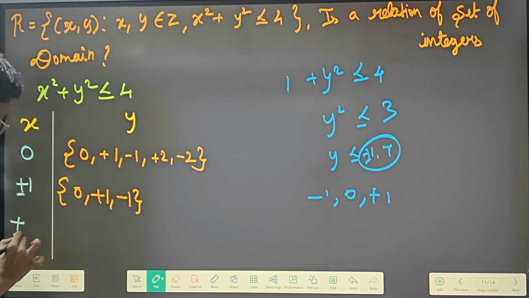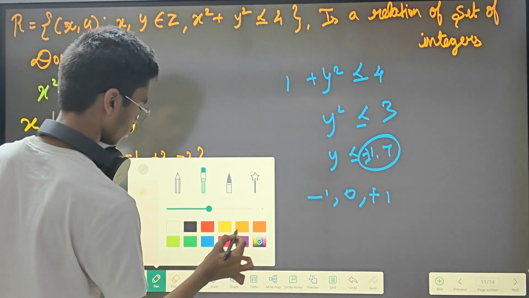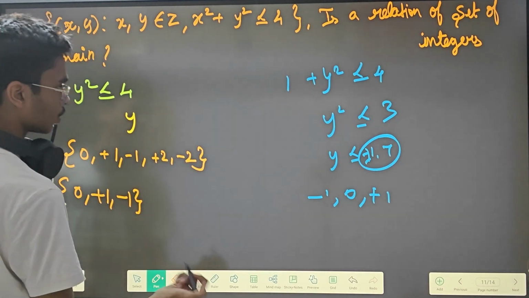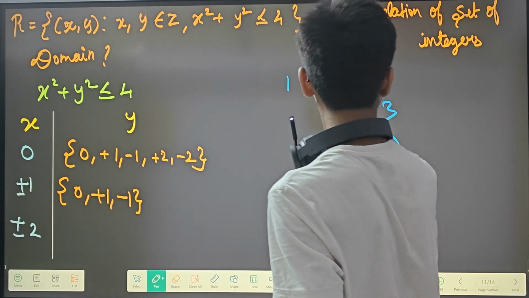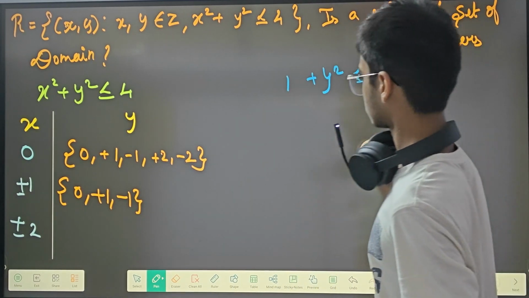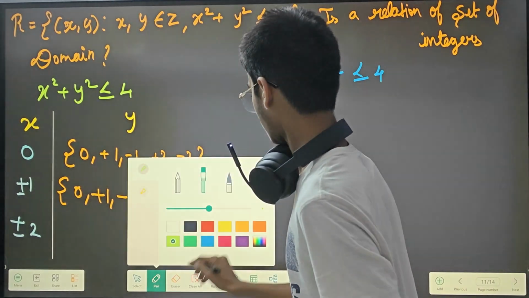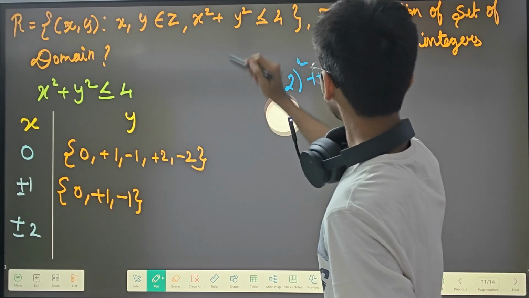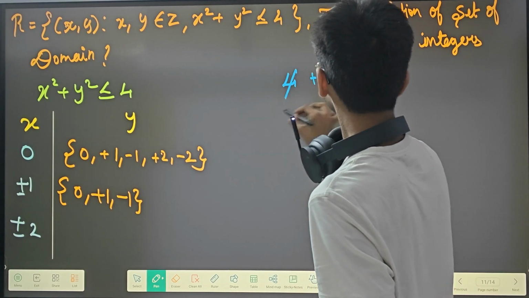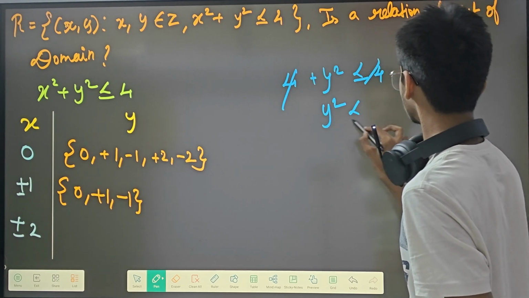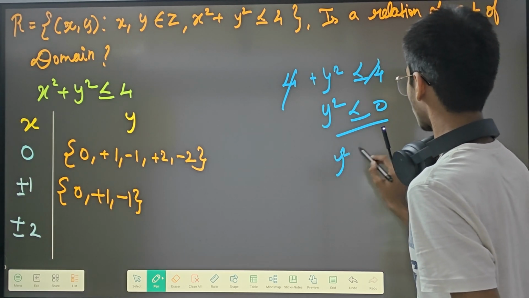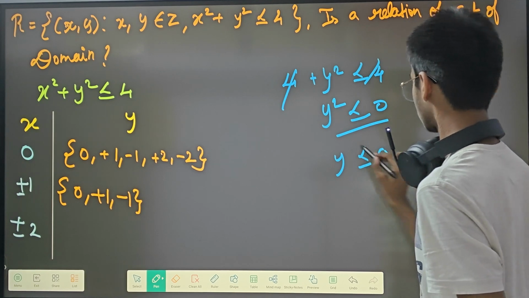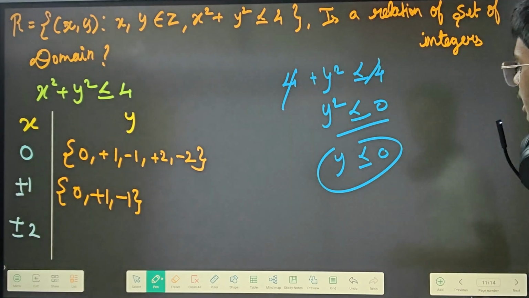So now we will do one and we will see. Here it will be plus or minus 2 the whole square, so it doesn't matter, which will be 4 itself, so 4 will be cancelled, it will be 0, so y square should be less than or equal to 0.